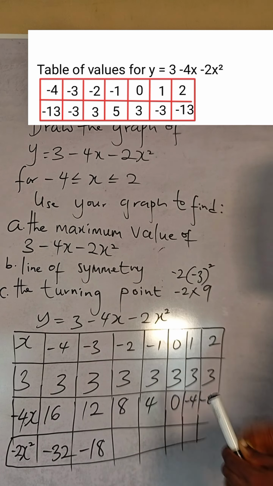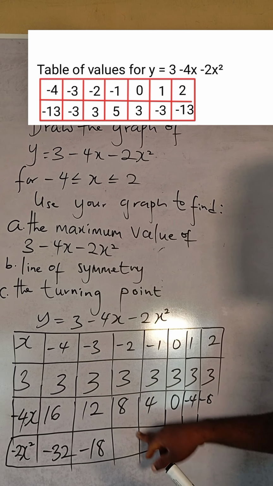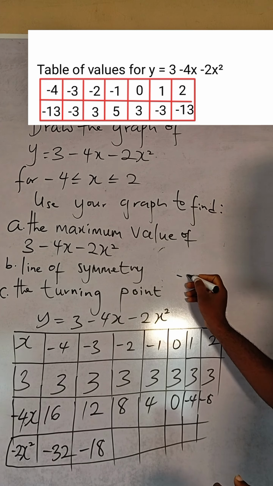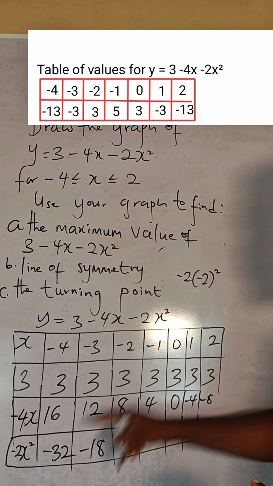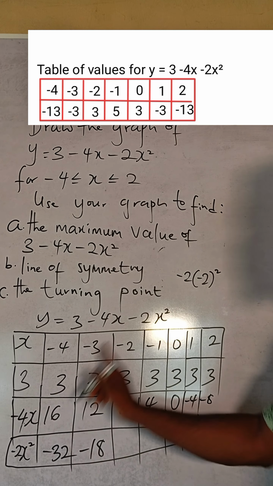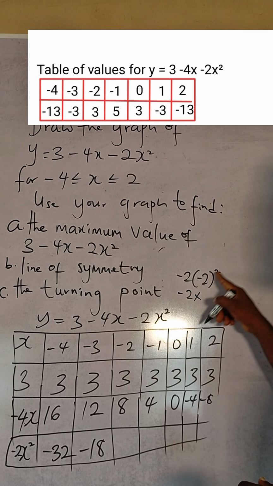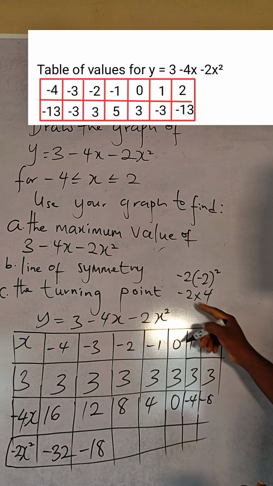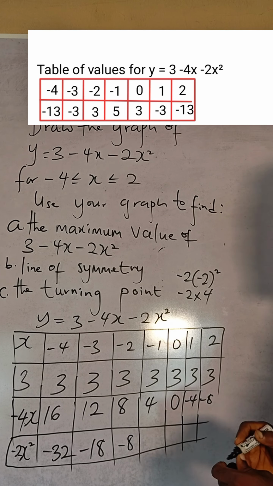We do the next one. What is our x for the next one? Our x is -2 here, so having -2 in brackets, -2 to the power of 2. Remember, x has a power of 2 in this last function. So having -2 times (-2) to the power of 2, positive 4. -2 times 4 is -8.